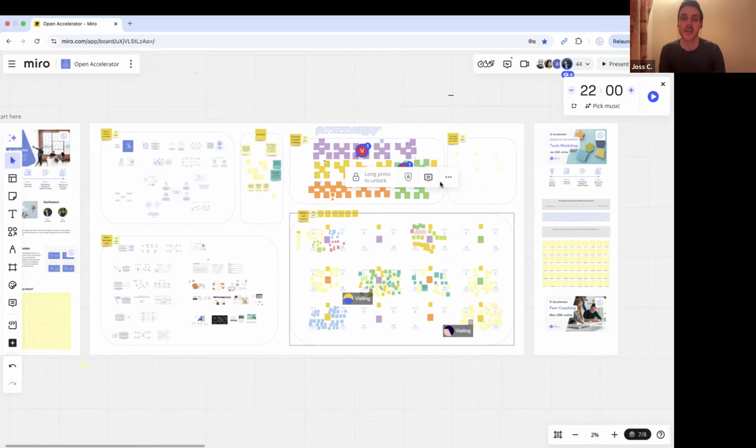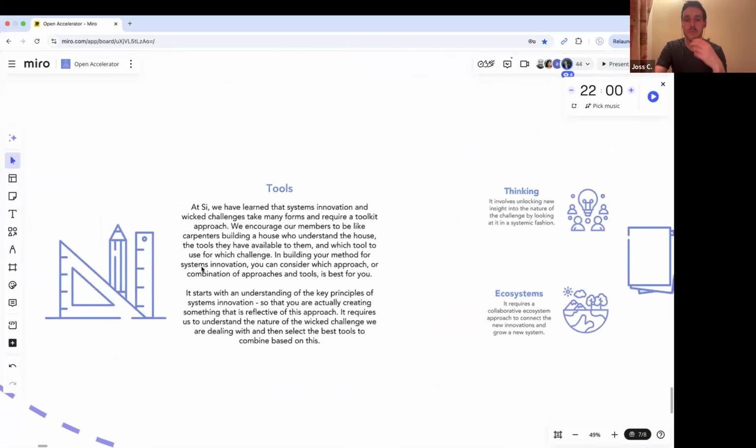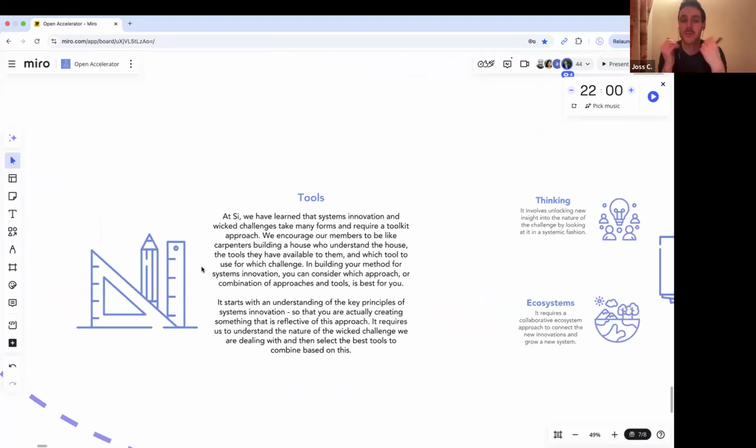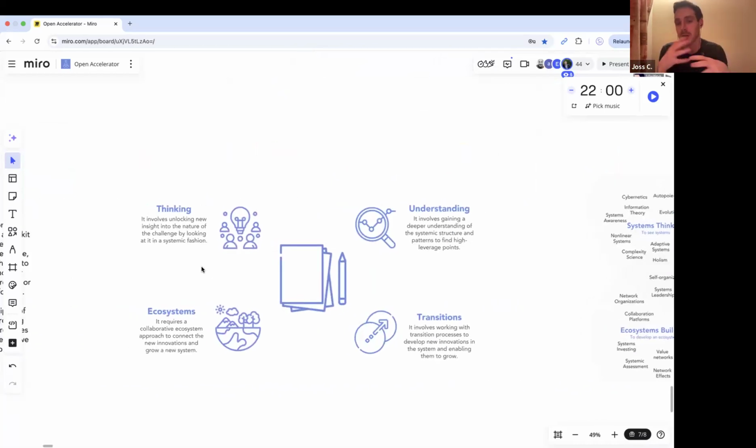And we do encourage this idea of a toolkit approach to systems innovation, where we're like carpenters and we know all our tools. We have an understanding of what we're trying to do when it comes to building a house or doing systems innovation, and we're drawing upon the right tools and the right approaches as needed, and we know how to use those tools. Because it will be different in every context. You'll always be working with different stakeholders, different scenarios, different challenges, and so forth.